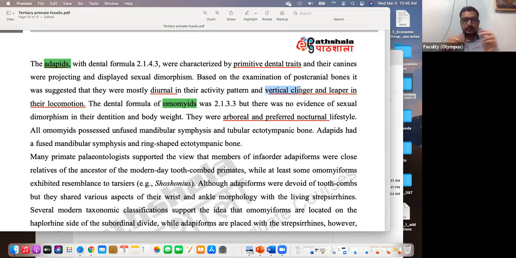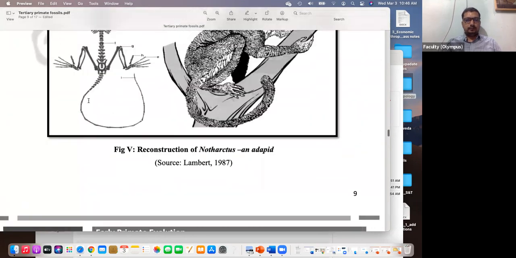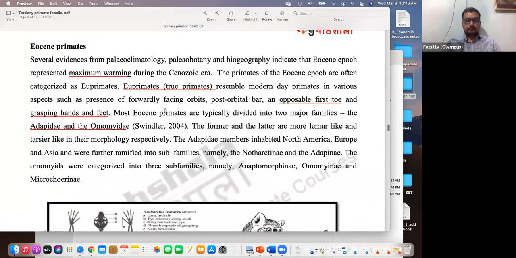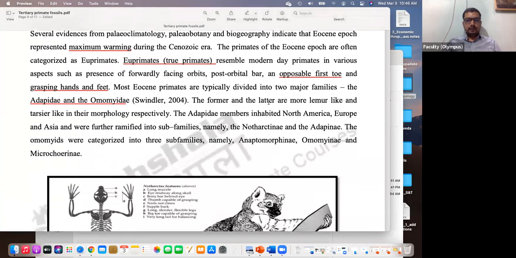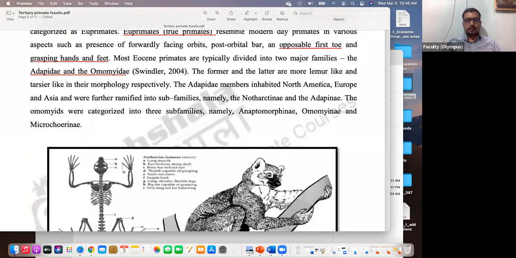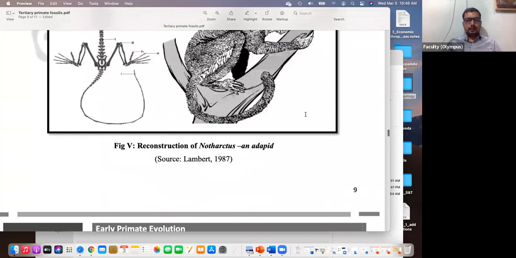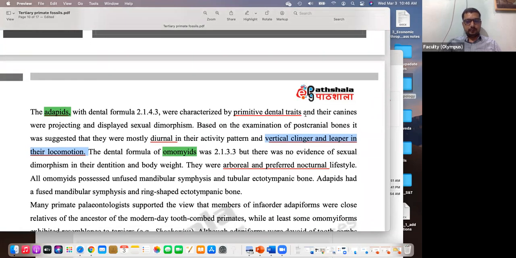So they were vertical clingers and leapers with more primitive dental traits, and diurnal. These are the characteristics of Adapids, in addition to the lemur-like features and their area: North America, Europe and Asia.